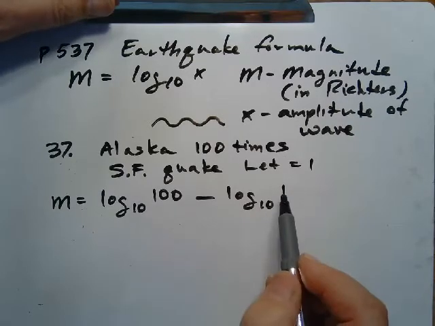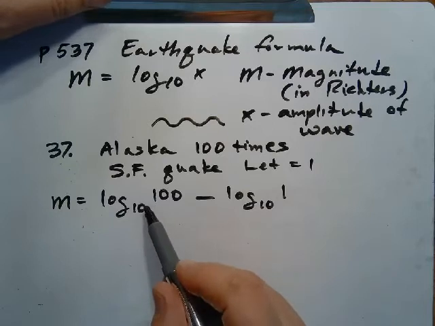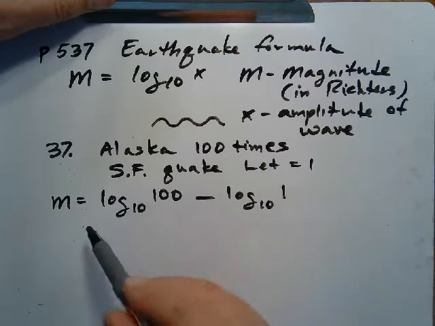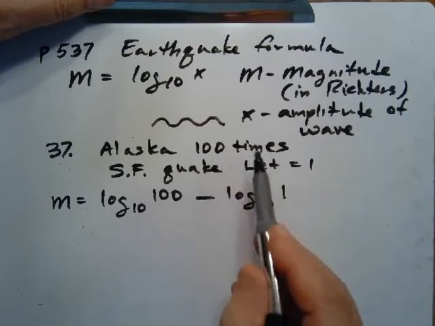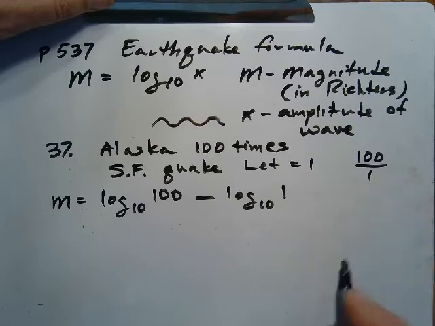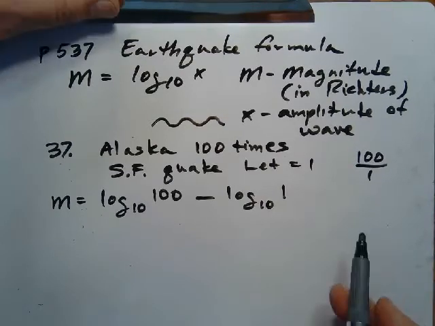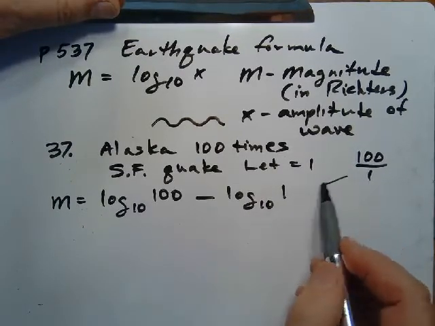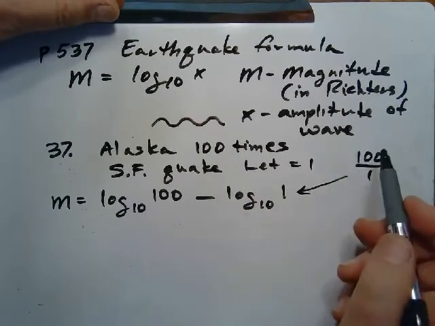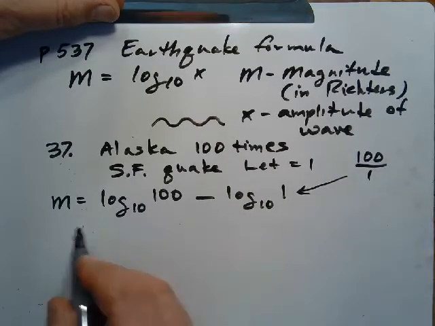This is the earthquake in Alaska. This will be the earthquake in San Francisco. Now remember, we're just finding a ratio one to the other because it's 100 times. Technically, we could have just gone 100 over 1. Well, we could have written it that way, but it would have ended up looking like this, wouldn't it? Okay, they look exactly the same. It's a ratio of 100 to 1.